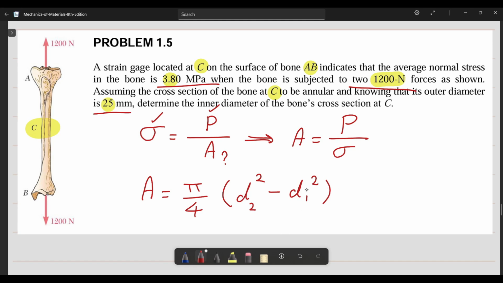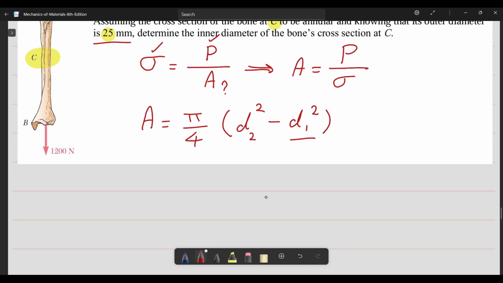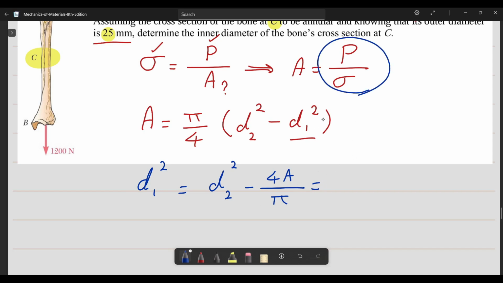Here we want to know the value of D1. For this, we should move D1 to one side. Alright, it's below. D1 squared equals D2 squared minus 4A divided by pi, where A is equal to P divided by sigma.